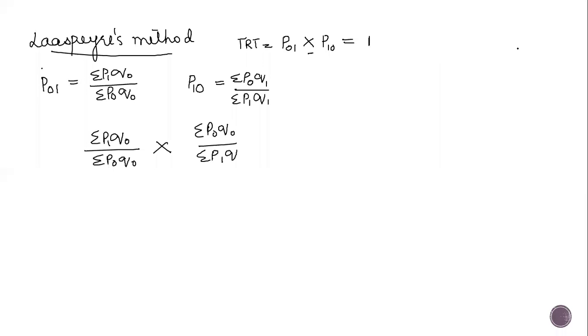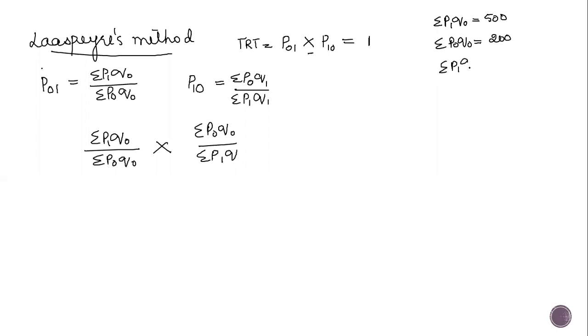Okay, I will just write an example over here. I'll just write some values. Summation P1 Q0, let it be 500. Summation P0 Q0, consider it as 200.